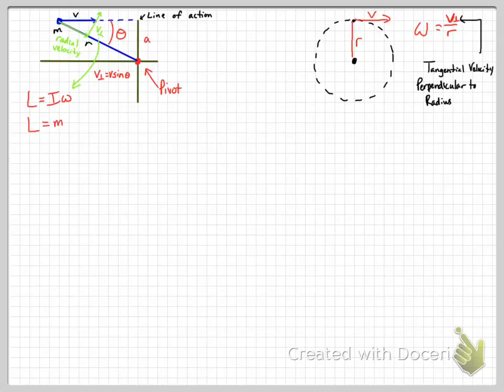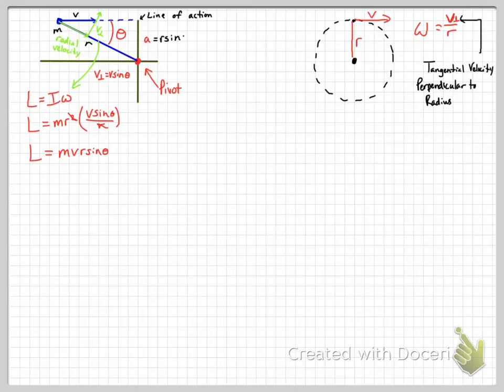So our angular momentum will be m r squared, because that's a point mass heading toward our system, times our omega, which will be v perpendicular, v sine theta, over r. We can then simplify, where our r's go away, and we have angular momentum equals m times v times r sine theta.